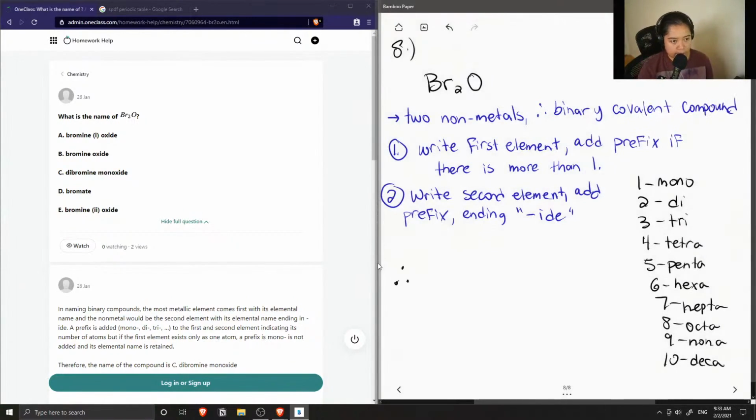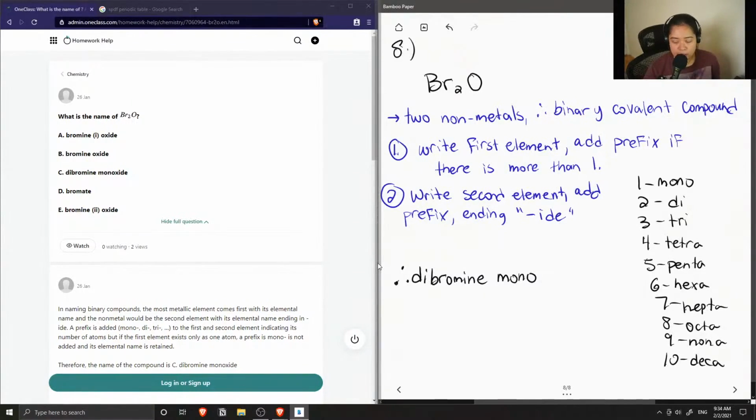So therefore, when we write out the name, since we have more than one bromine atom, we're going to have the prefix of di. So we write dibromine. And then we have a single oxygen, so we have to write mono.